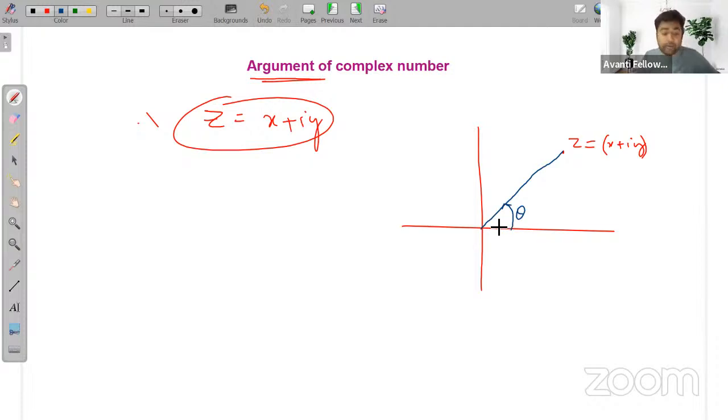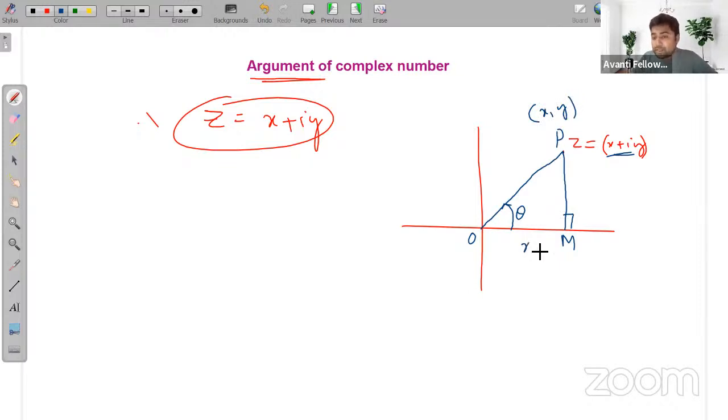So how can you find the argument of a complex number? It's very simple. Suppose this point is P and this is O. If we drop a perpendicular from here, and suppose this point is M. Because this point is x plus iy, the coordinate of point P is (x, y).